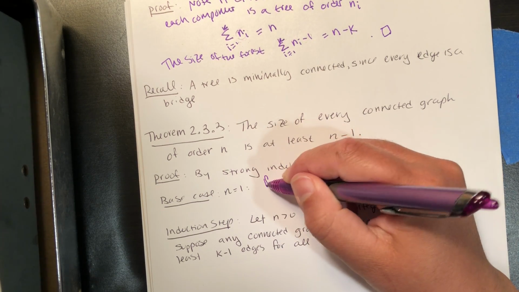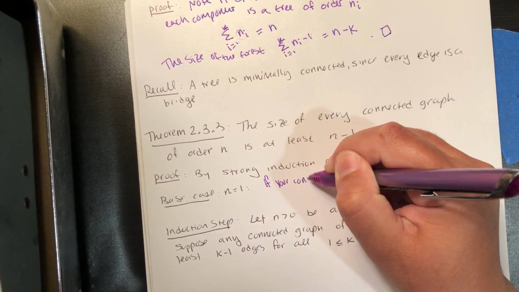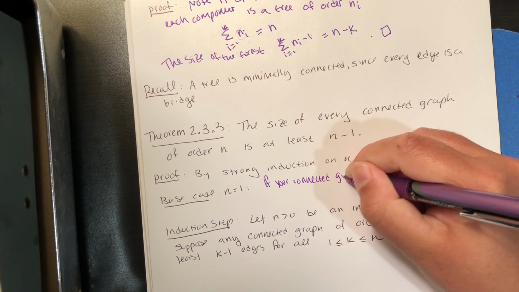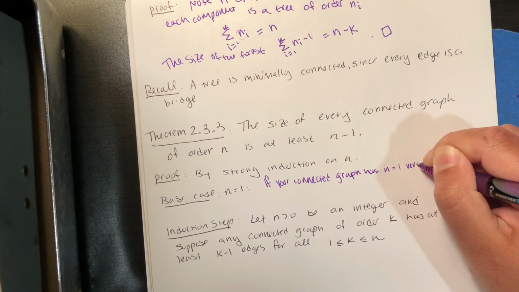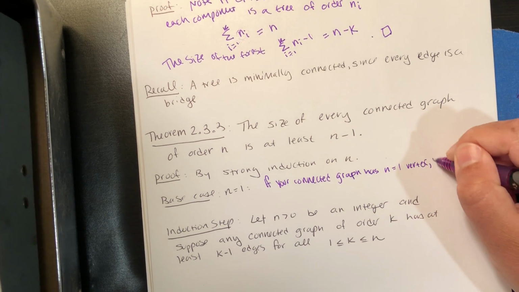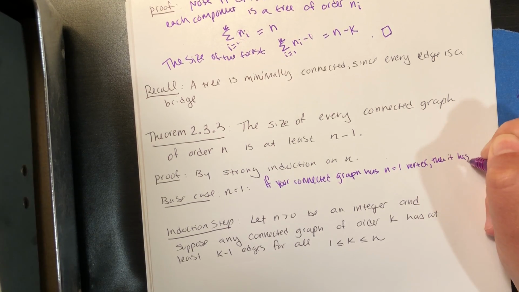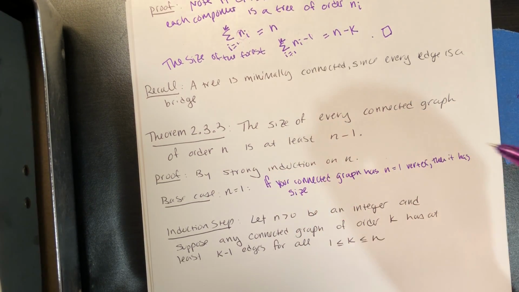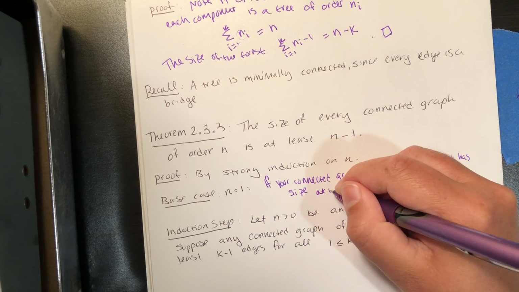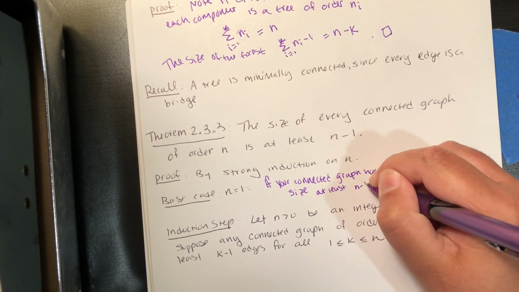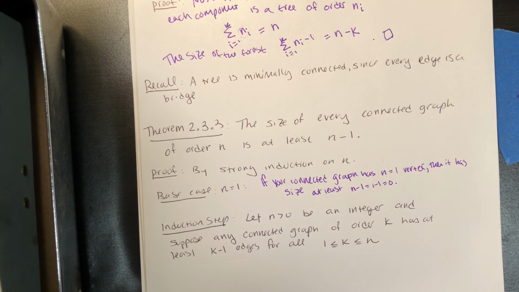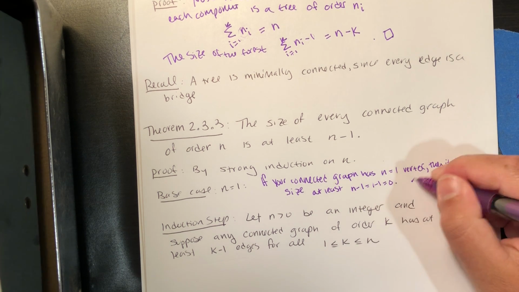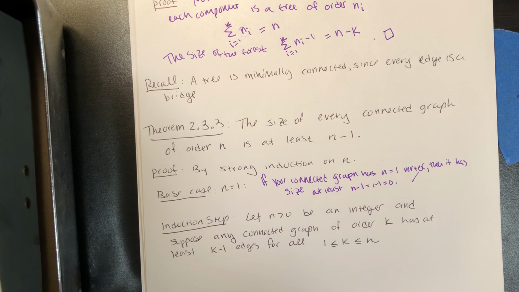So if your connected graph has just one vertex, if the order is 1, then it has size at least n minus 1, because n minus 1 in this case would be 1 minus 1, which is 0, and every graph has at least 0 edges. You can't have fewer than 0. So this base case is sort of trivially true, but the induction step's a little bit harder.